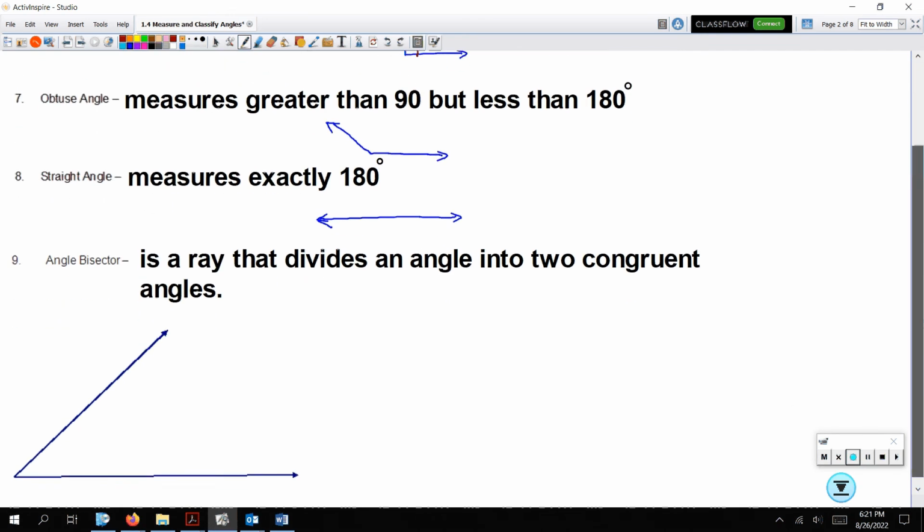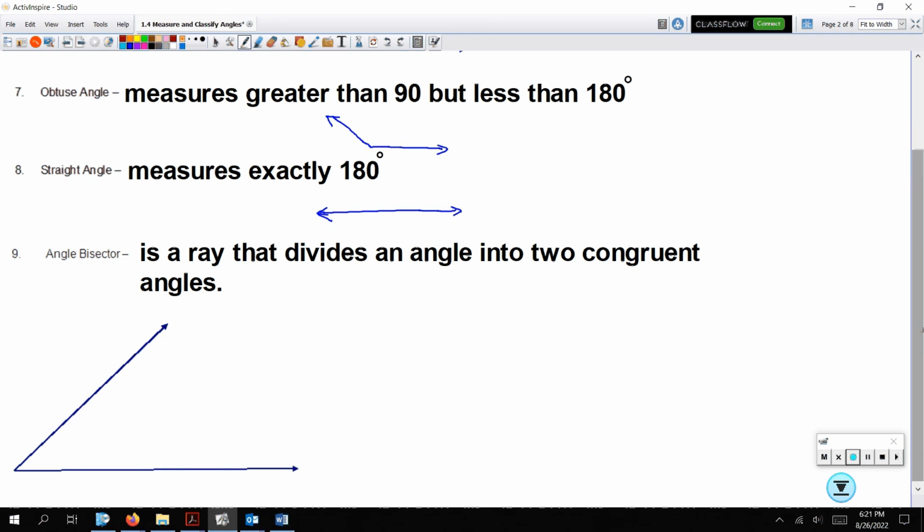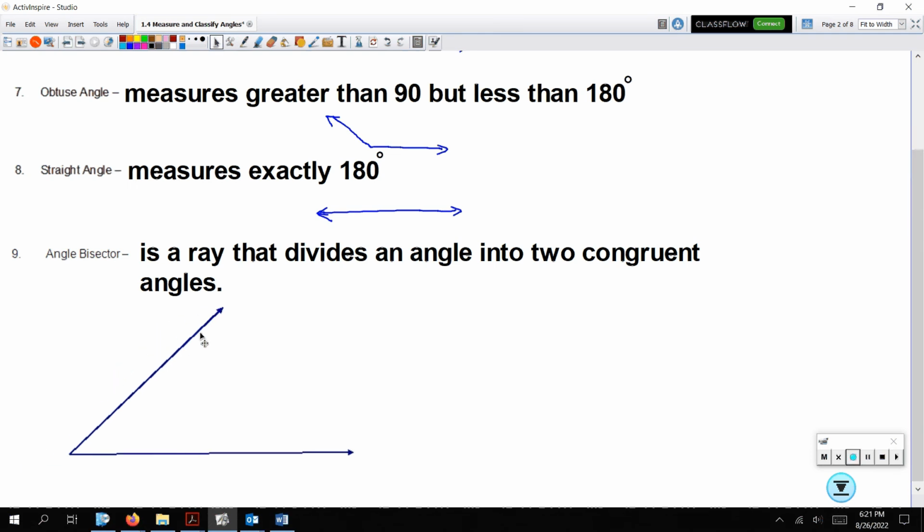All right, an angle bisector. You've heard the term bisector before. I talked about it. Hopefully you know what that means. Think about a bicycle, which has two wheels. A bisector splits the angle into equal parts. So let's draw an angle bisector. Let's first just say this angle measure is about 40 degrees.